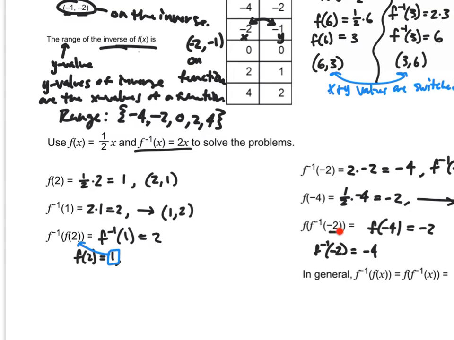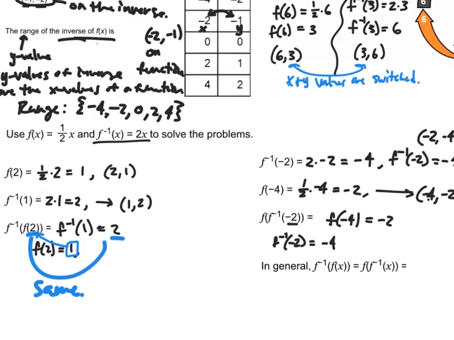When I look at both of these examples, where I take f inverse of a function evaluated at some value, I get that resulting value. That input just gets inputted and then outputted again, and I get that same value. So notice that these two values are the same.